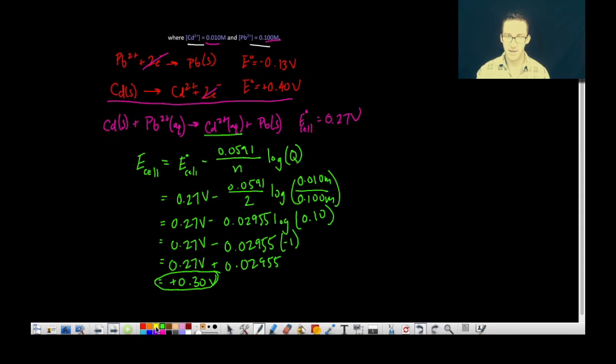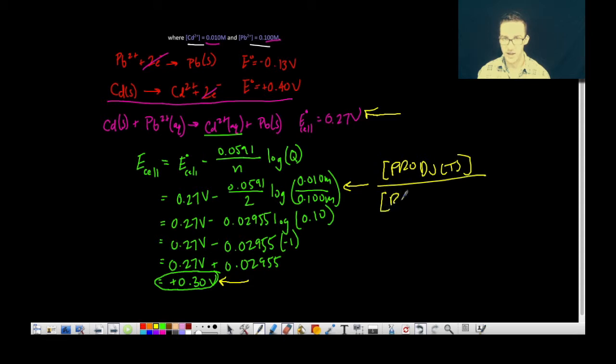So let's compare the voltage under non-standard conditions to the voltage under standard conditions. Notice we've got an increase in our voltage. Now, to explain that, you can simply work through the Nernst equation as I've done here, or you can look at your reaction quotient. My reaction quotient is expressing the concentration of the products over the concentration of the reactants.